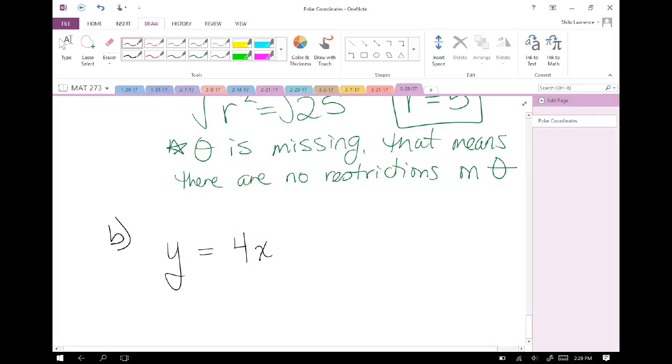Y equals 4x. What does this graph look like? It's a straight line. It's a straight line through the origin with a slope of 4.